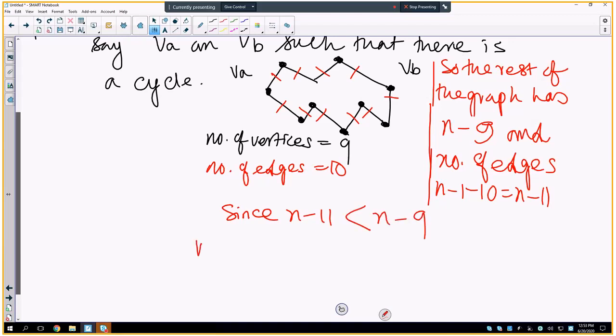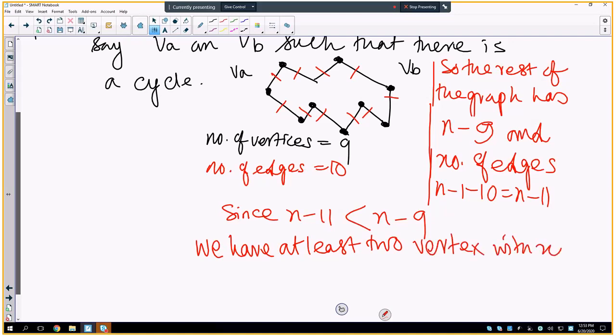We have at least 2 vertices with no connection. Could be more, but at least 2, there is no connection. A contradiction, because we thought that this graph was already a connected one.